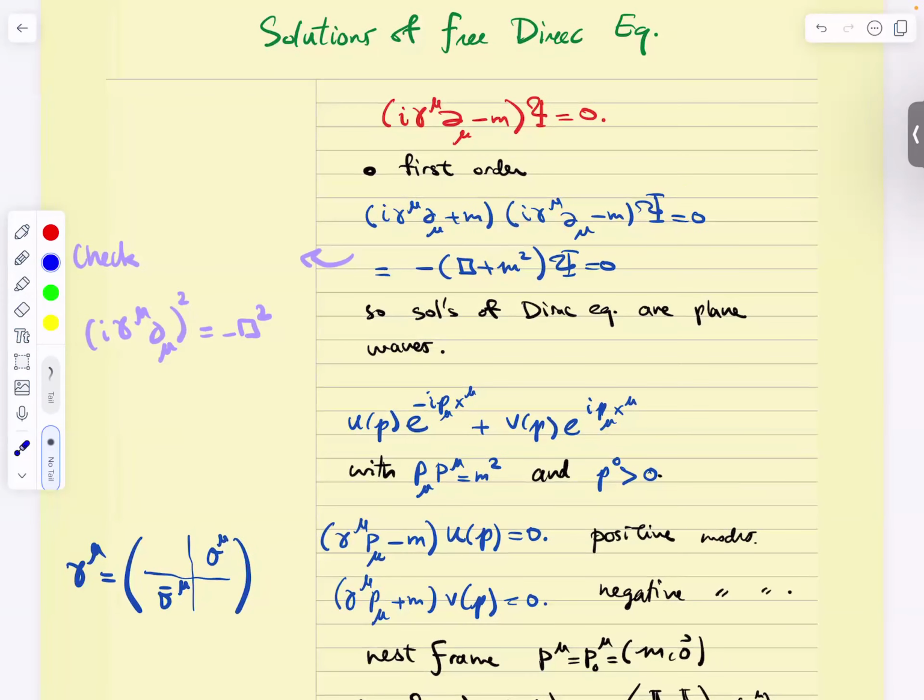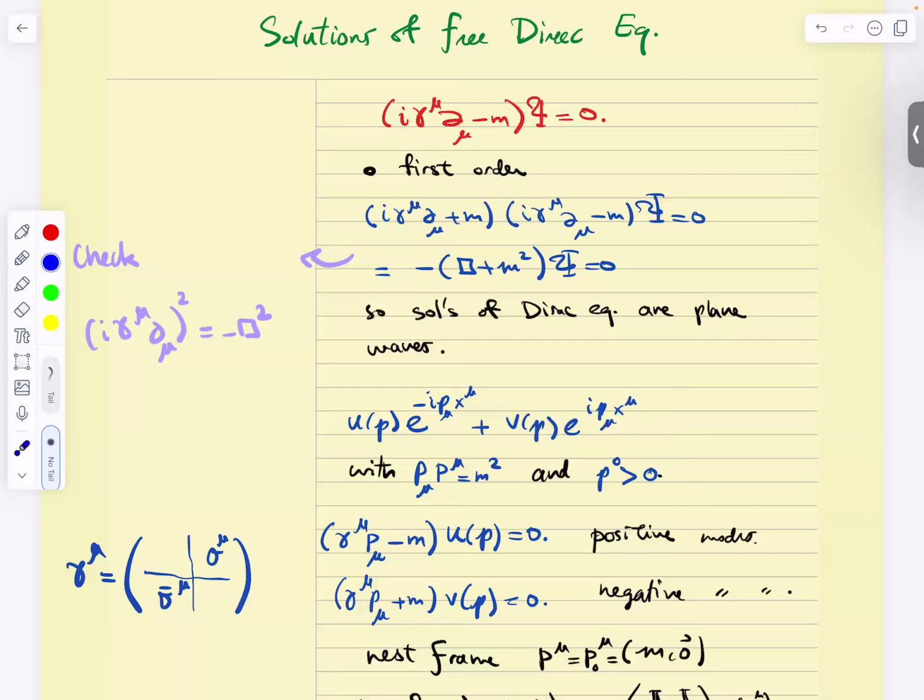So let's try to solve this. What are the solutions going to look like? They're going to have 4 complex functions in them. All right. So what is the solution of this? If I Fourier transform this, this is p mu squared plus m squared equals 0, or I forget already, there's a plus minus. I already screwed up my convention of minus and plus. The on-shell condition: p mu squared plus m squared equals 0, right?